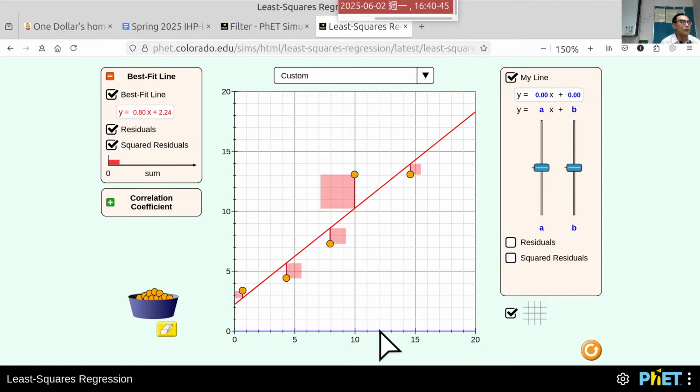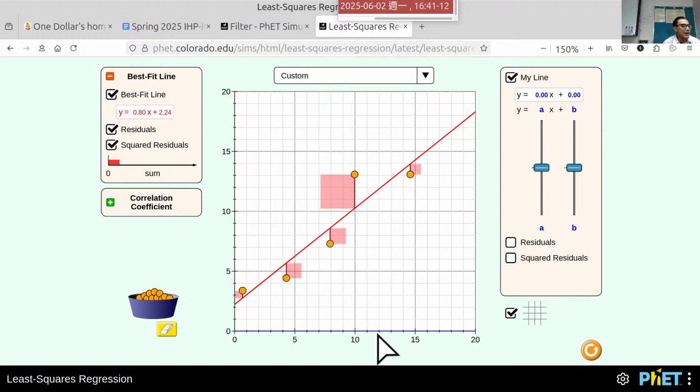We don't know that, but at least we have 5 points here, then we can get the equation after the calculation. The equation of this line is y equals 0.8x plus 2.24.